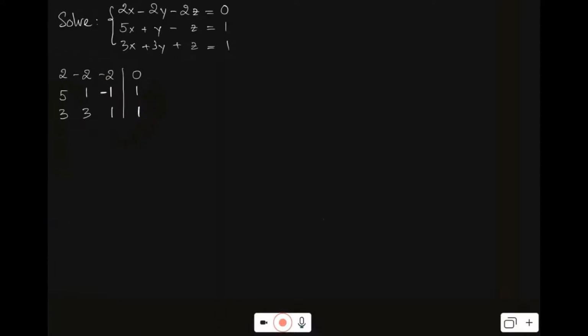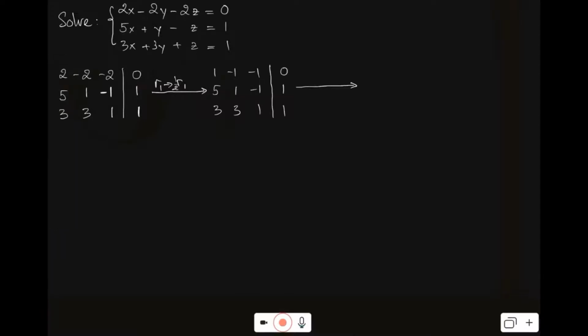So we are going to divide the first equation by 2 to make the number 1. So that is 1, -1, -1, 0. Keep the orders. And then we are going to use this number 1 to zero out 5 and 3, which will be easier.